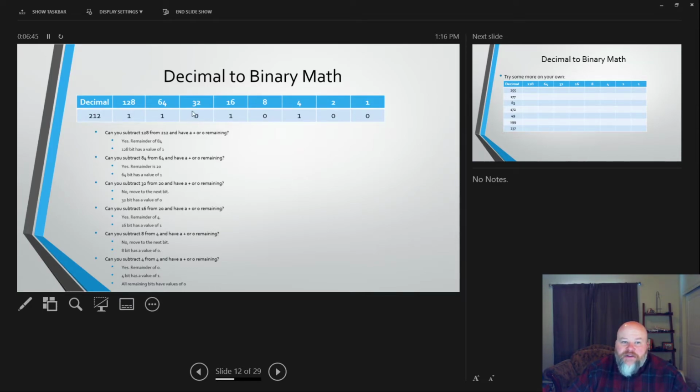So this bit gets turned off. Can we subtract 16 from 20? Yes, we can. So this bit gets turned on, and we have a remainder of 4. Can we subtract 8 from 4? No, we can't. Can we subtract 4 from 4? Yes, we can. So that turns on. At that point, our remainder is 0. So the remainder of the bits are also 0.